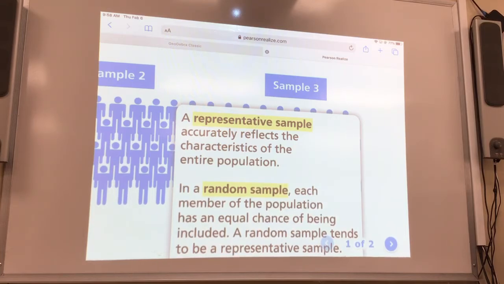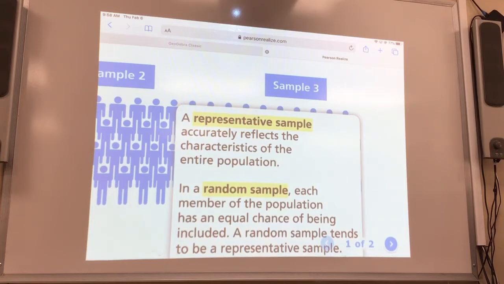What does accurately reflects mean? It means that this is probably what the most likely outcome would be.